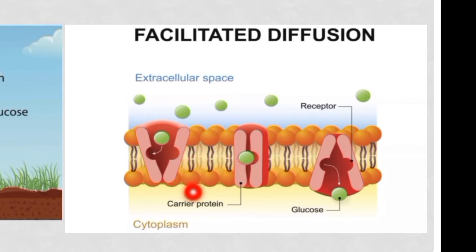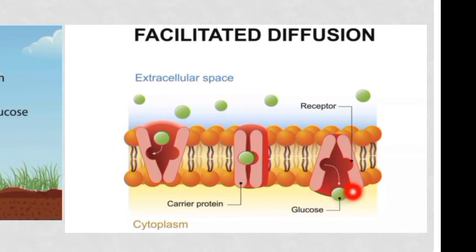And this facilitated diffusion is necessary for the movement of large or polar molecules like glucose across the hydrophobic bilipid layer. The hydrophobic bilipid layer is the plasma membrane.